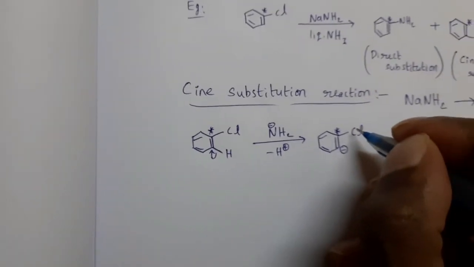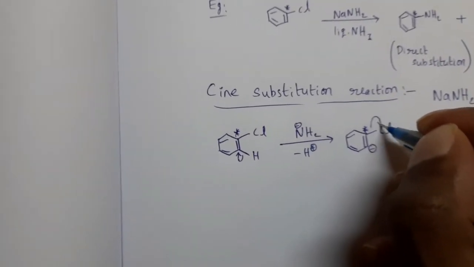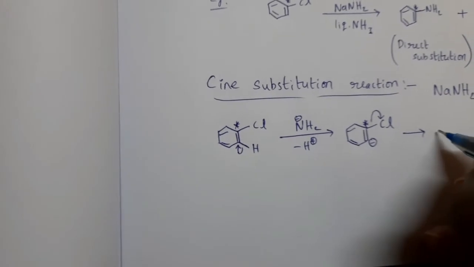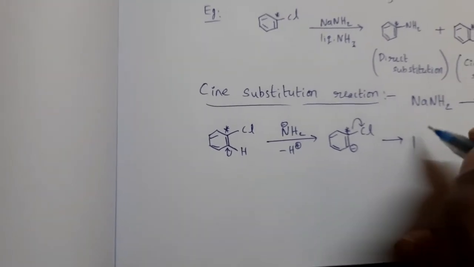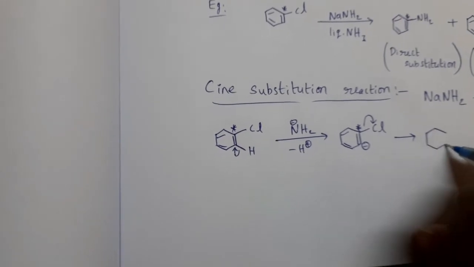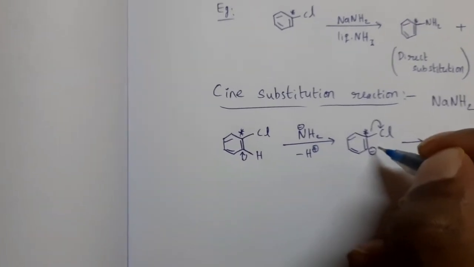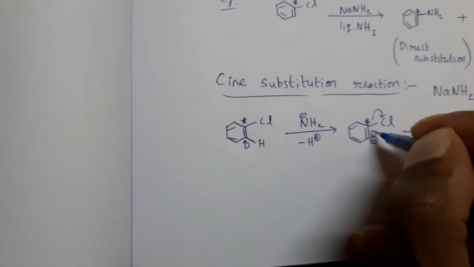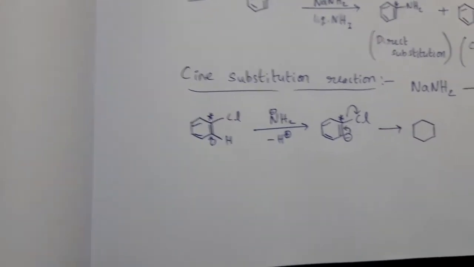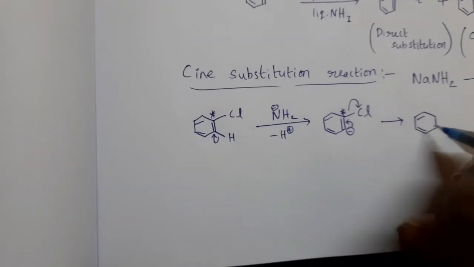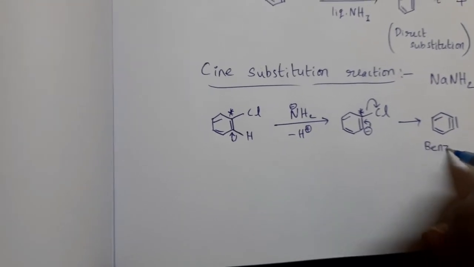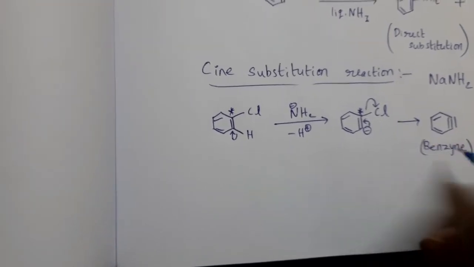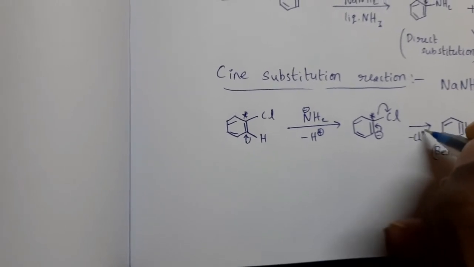Now these bonding electrons are taken by this chlorine, and at the same time this negative charge is shifted to this position. Then we can observe this intermediate, that is benzyne. Here Cl minus is removed.